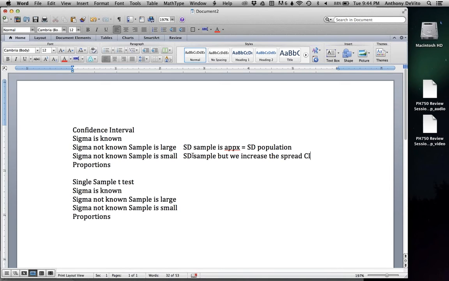It means that the distance we have to go in standard errors to catch 95% of the possible sample means, instead of being 2 standard deviations to the right and left of the mean we calculate from our sample, or 1.96 if we're going to be a little more accurate, is now more than that number, and how much more depends on the sample size.